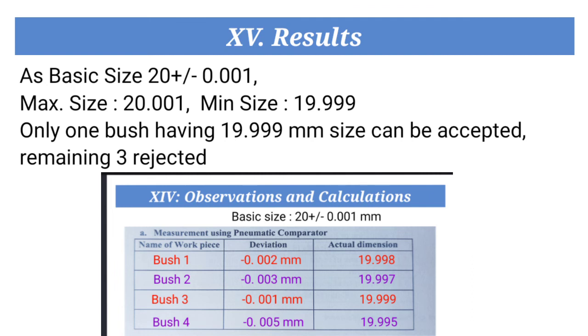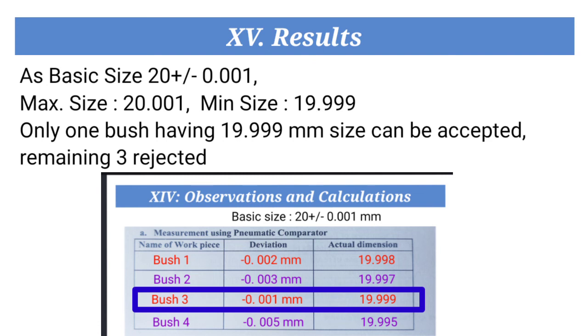So the maximum size is 20.001 and minimum size is 19.991 millimeter. So the dimensions must lie within this maximum and minimum size. The component having the dimensions within this limit only is accepted.